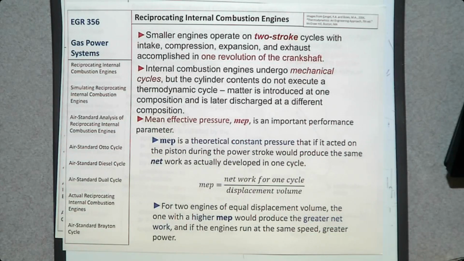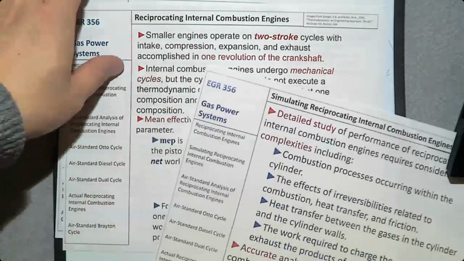That is what I told you. When you make it taller, the compression ratio goes high, so that you can produce more power, more work for the same displacement volume. But that's the brief information about internal combustion engines.